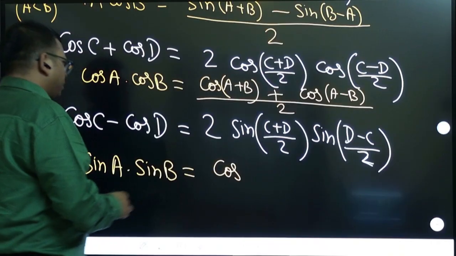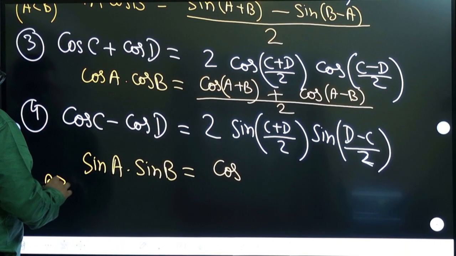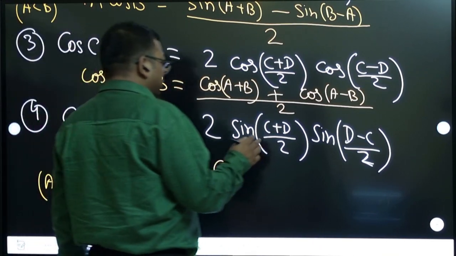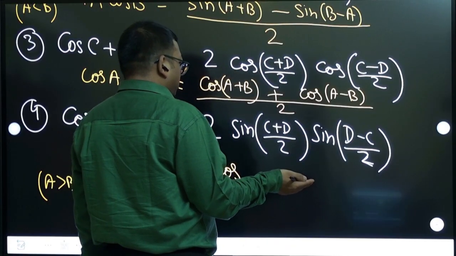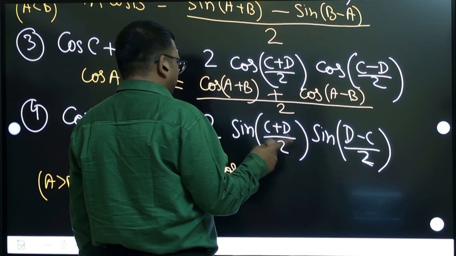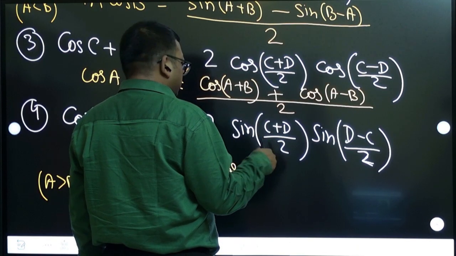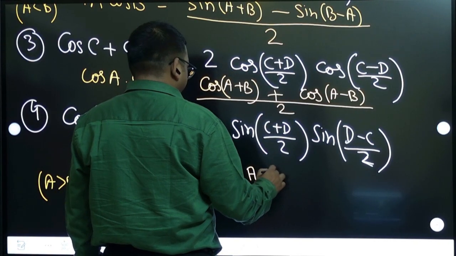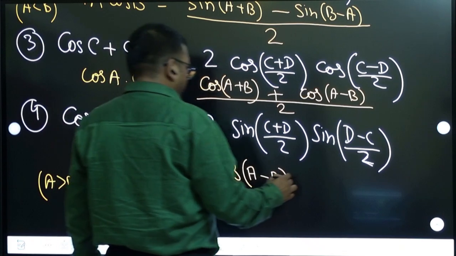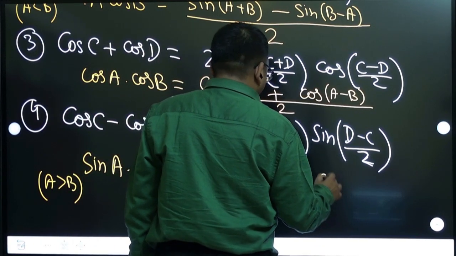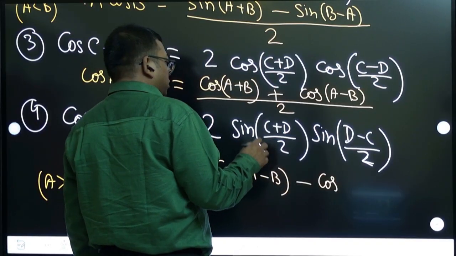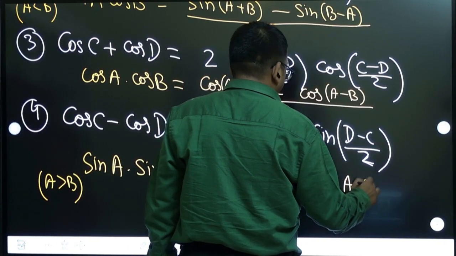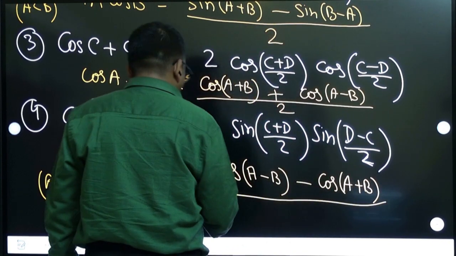Here I am taking A is bigger than B. So I will do subtraction, A minus B. Then minus cos, now I want D, I will add them, so this is A plus B, and this divided by 2.